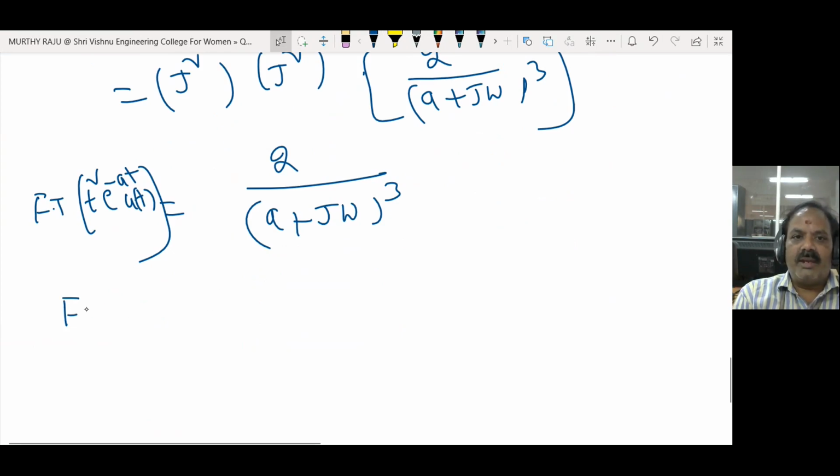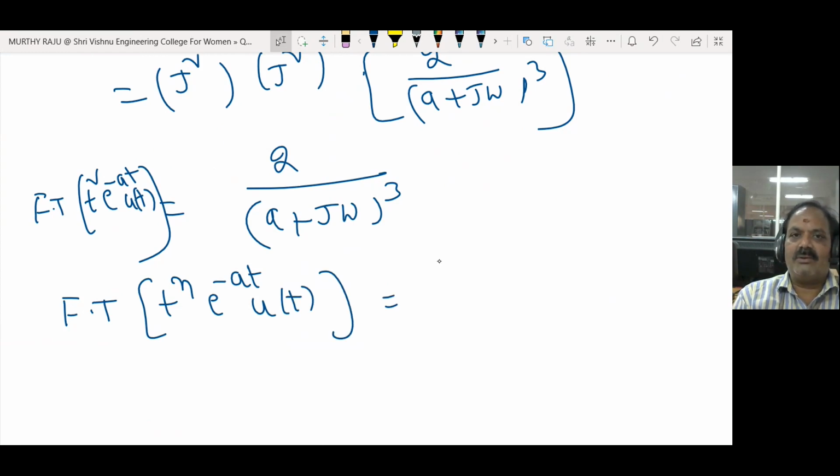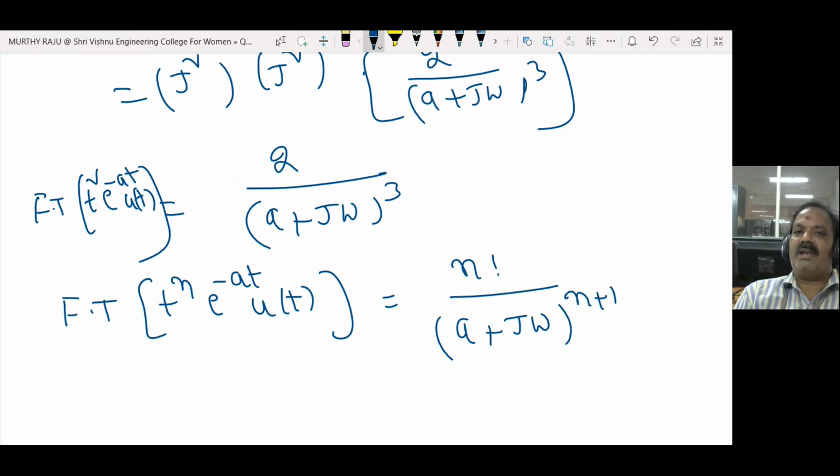Finally, the Fourier transform of t power n e power minus at u of t is n factorial by a plus j omega whole power n plus 1.